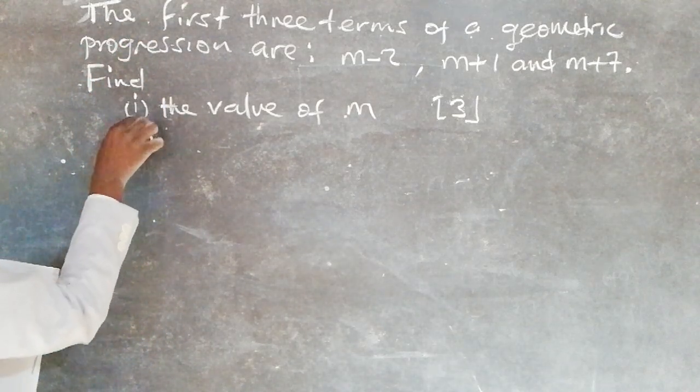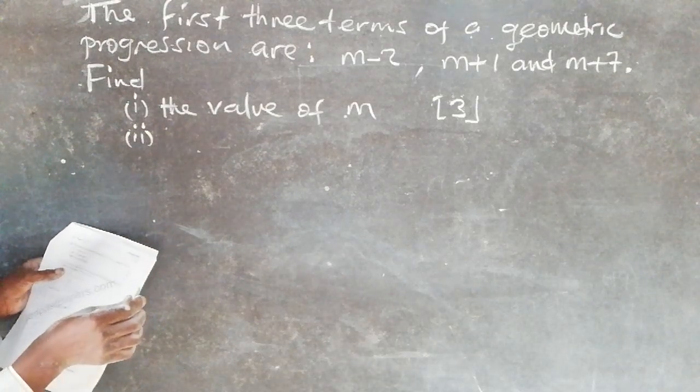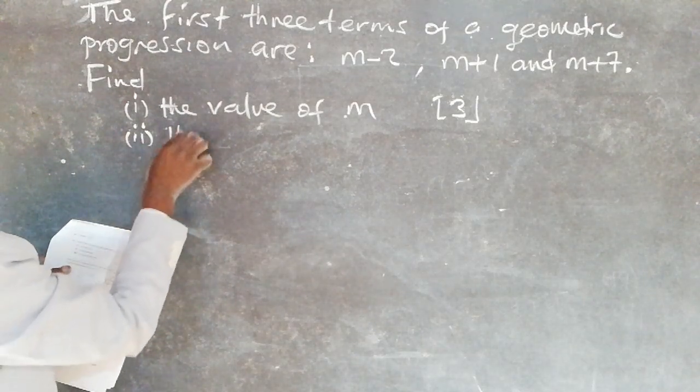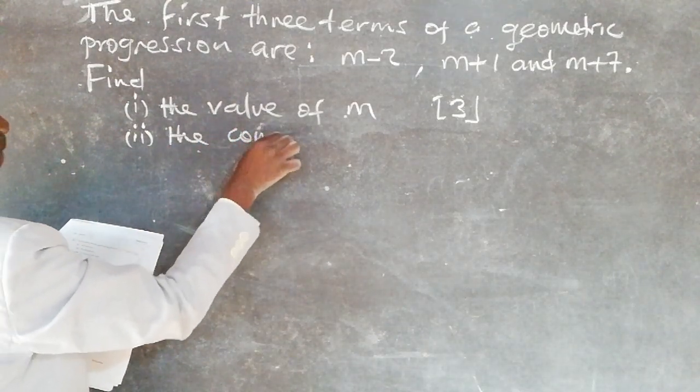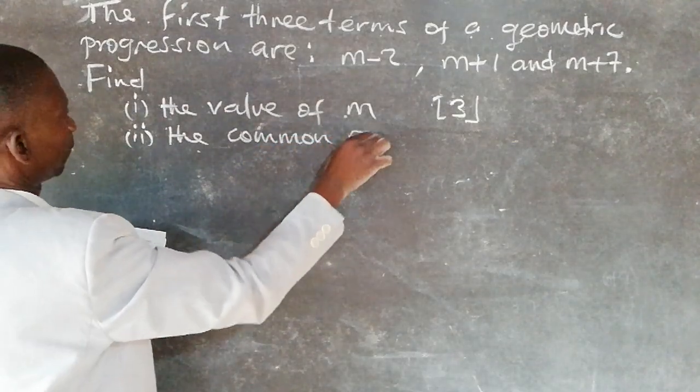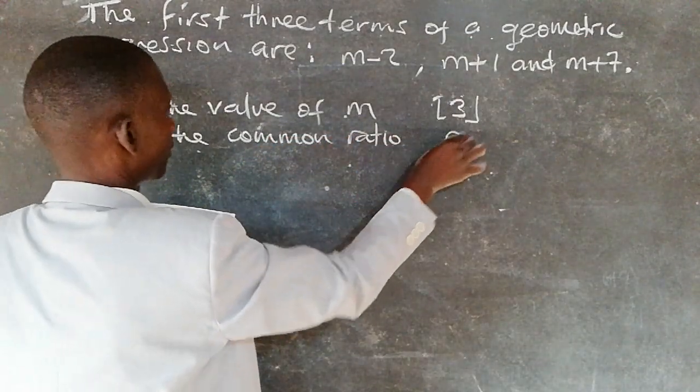Number 2, candidates were asked to find the common ratio, and this is 2 marks.